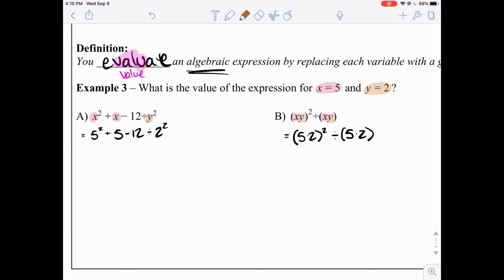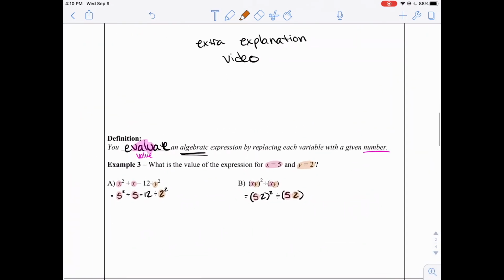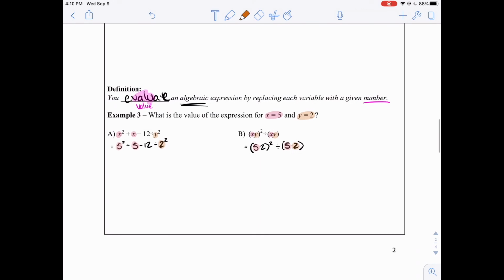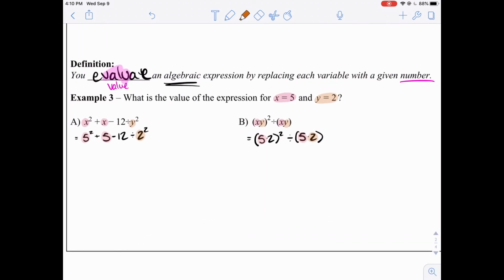Again, this is because I took all of my x's and made them all 5s, and then I took all of my y's and made them all 2s. From there, I'm going to follow the order of operations because now we have a numerical expression. Hey! So we can follow the order of operations to simplify it up. Let's go ahead and take some time. Pause this video, take some time, and simplify it best you can.